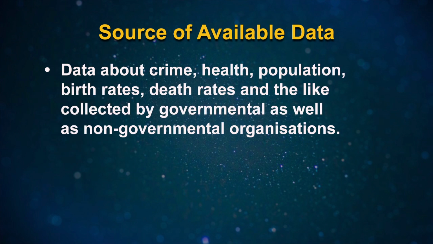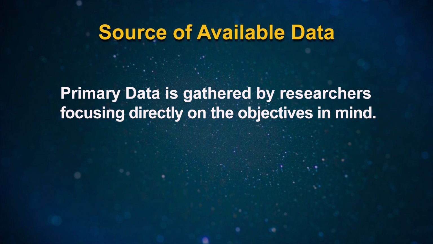Based on sources of data, we can classify secondary data as data about crime, health, population, birth rates, death rates, and the like collected by the governmental as well as non-governmental organizations. Primary data is gathered by researchers focusing directly on the objectives in mind.